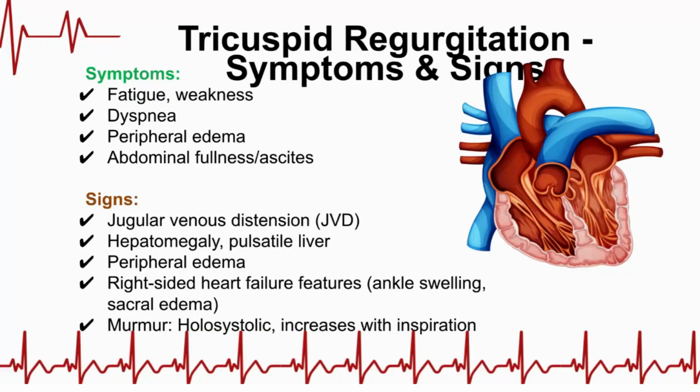So this is a feature of right-sided failure. And the murmur, again, is not easy to hear because it's quite similar to mitral regurgitation. It is called a holosystolic or pansystolic murmur. One of the ways you can differentiate it is that it increases with a deep breath. But again, it's quite hard to hear.